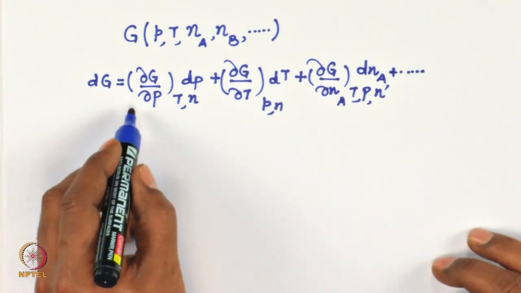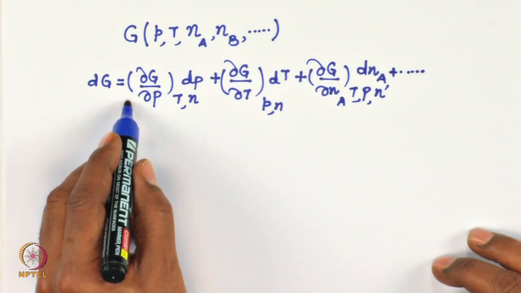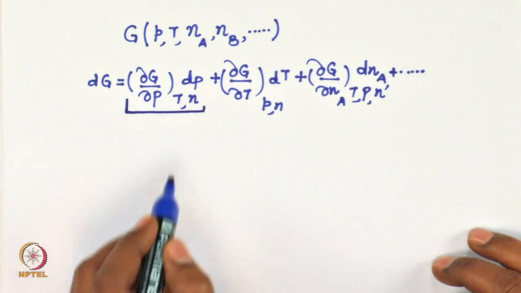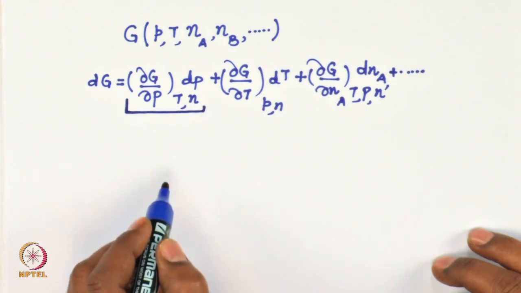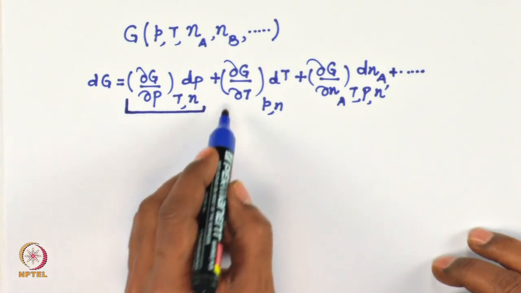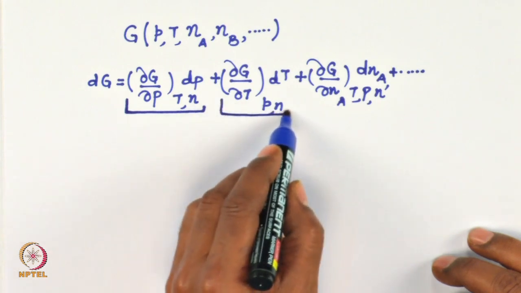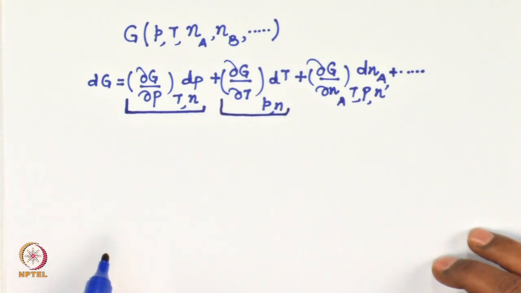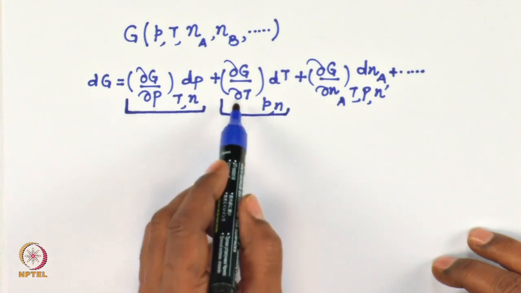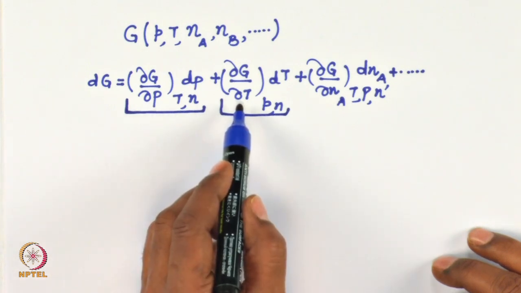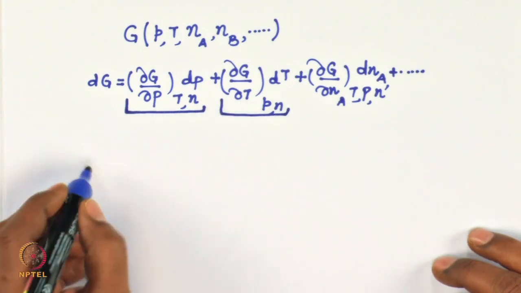And we have earlier discussed that when the composition is constant, what is the meaning of dG by dP at constant temperature. We have also discussed what is the meaning of dG by dT at constant pressure. This is volume, this is minus S. We have discussed this several times earlier.